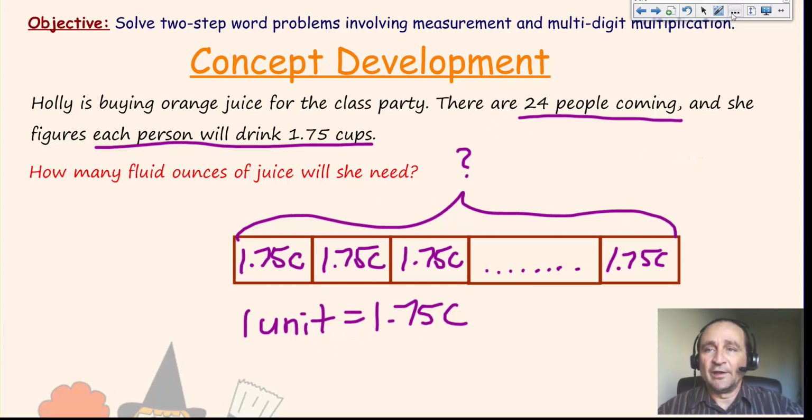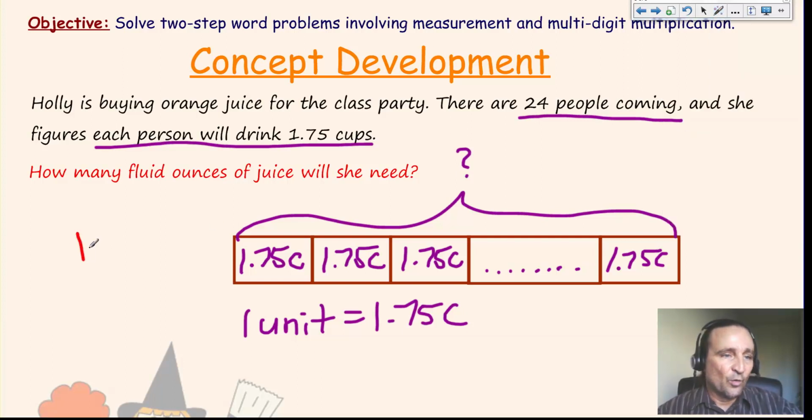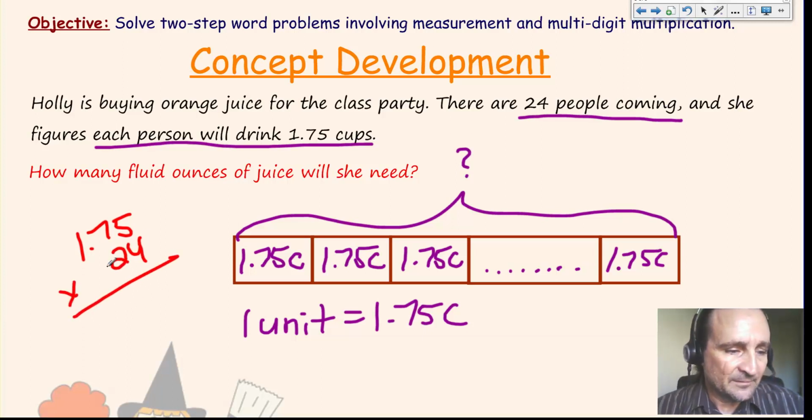So I'm going to get another pen, and we'll take our 1.75 and multiply it by 24. This is the way we can figure out how much we're going to need altogether. So now I have my multiplication. 20, carry the 2.